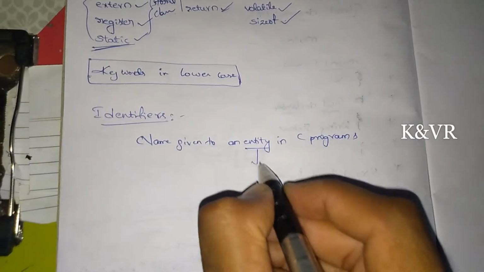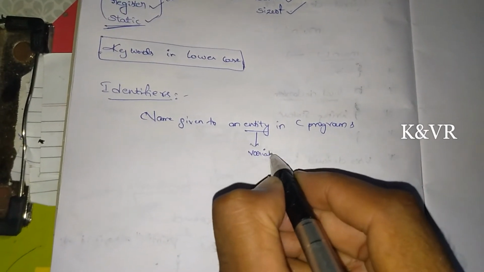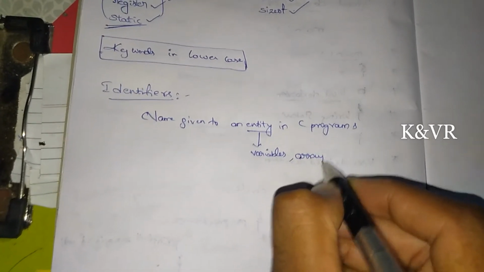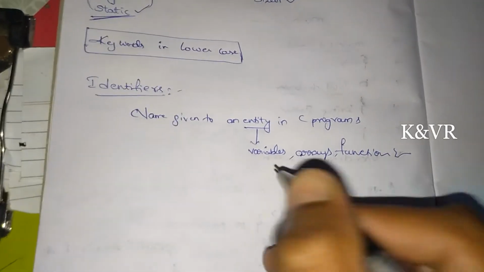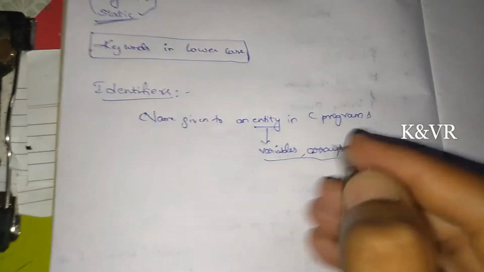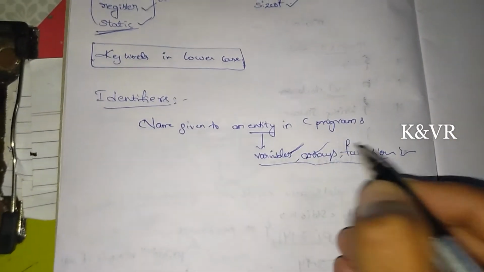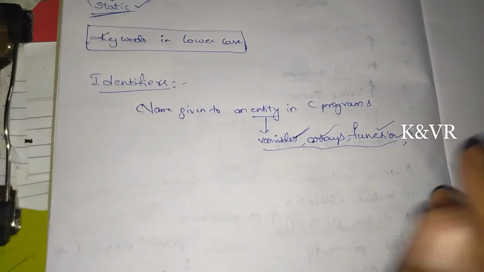The entities may be variables, arrays, functions, structures, etc. Later you will definitely understand what a variable is, what an array is, and what the functions, structures, unions and so on are.